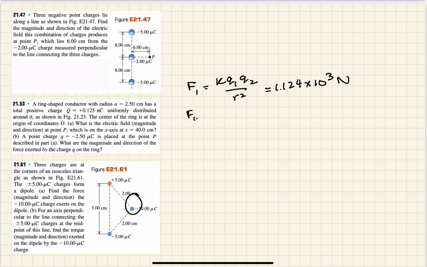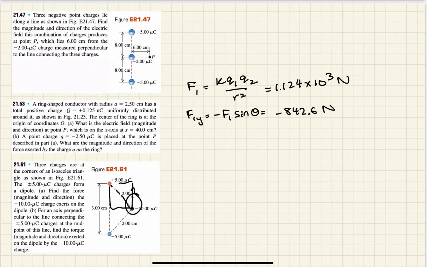For F1y, which is just this portion, you get negative F1 sine of the angle between them. And for the angle between them, you can use trig ratios because you know this. It's just a big right triangle over here, or you can just use this one. It's the same right triangle. And so you're going to get negative 842.6 newtons.